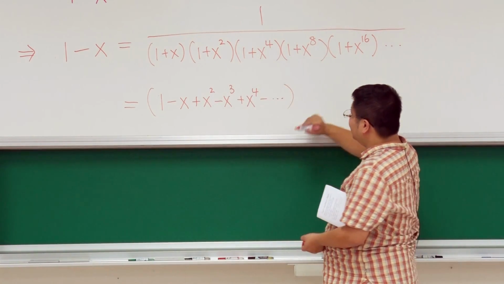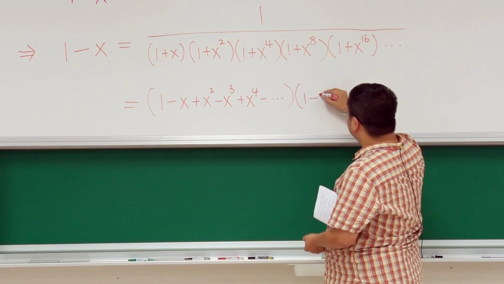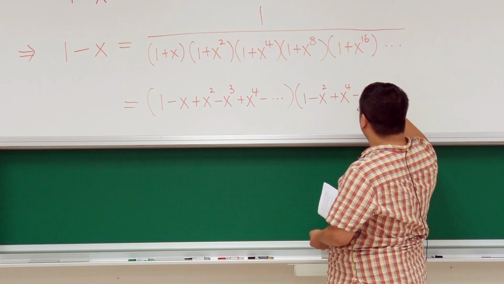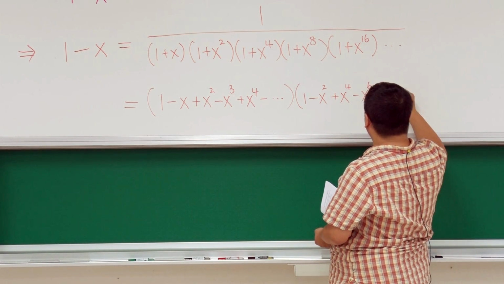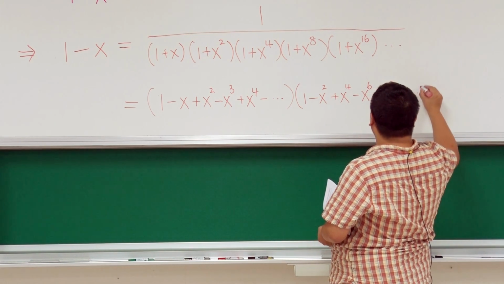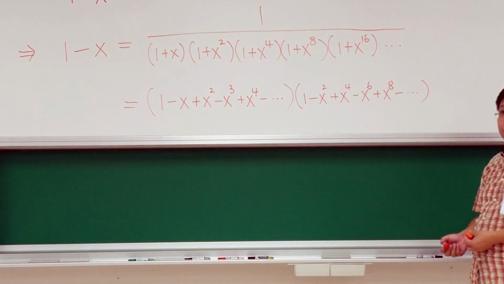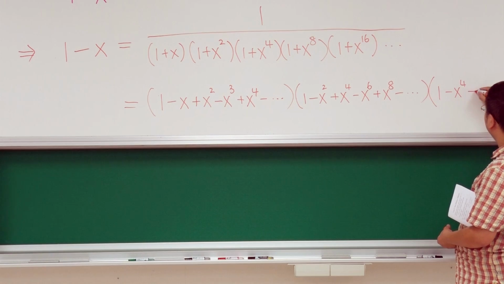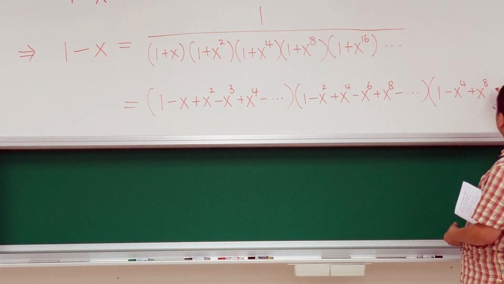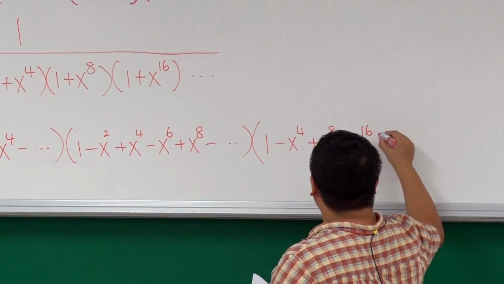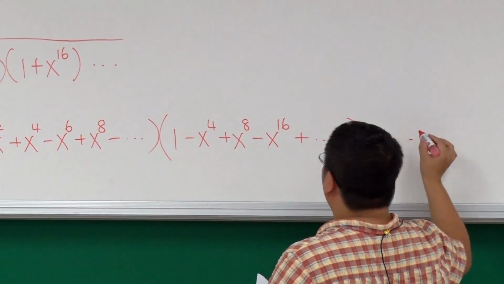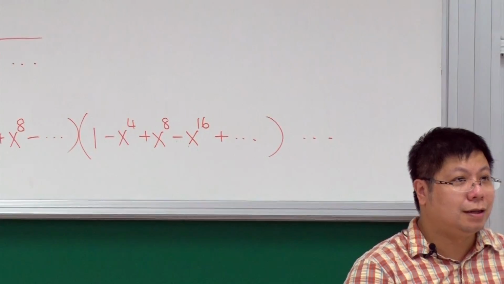Now the second term will be 1 minus x squared plus x to the power 4 minus x to the power 6 plus x to the power 8 minus and so on and so forth. And then the third one, 1 minus x to the power 4 plus x to the power 8 minus x to the power 16 plus something and so on and so forth, and then you have an infinite number of terms together. Okay?